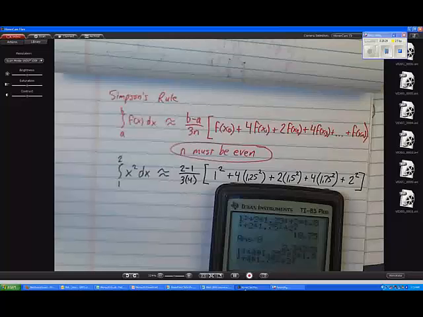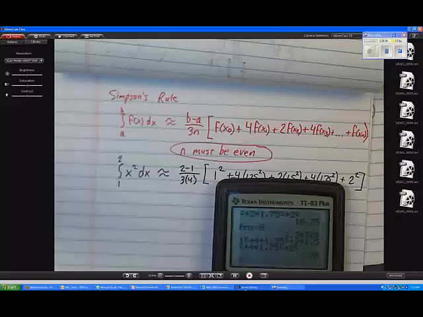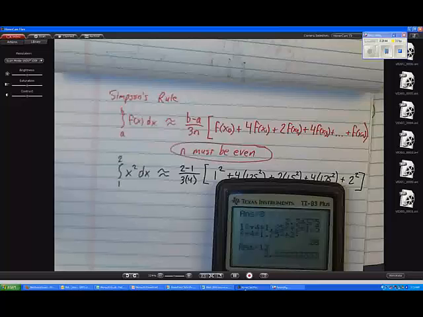Oh, and then there's one other thing I have to change, right? So when I do this, that ends up equaling 28. But now what do I have to divide by? By 12. Hey, check that out. That's pretty accurate, huh? That's actually exact.